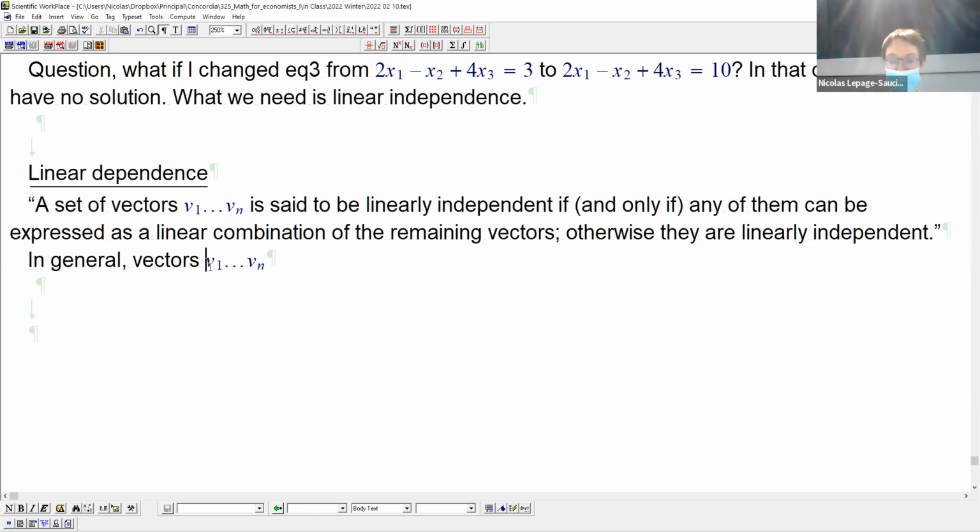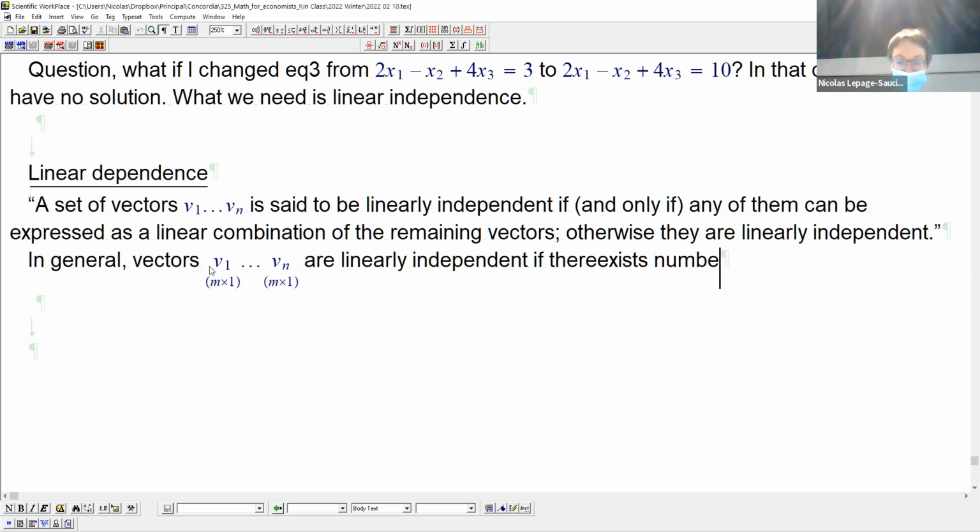I'm just saying these are column vectors, m by 1. Sorry, yeah, it's dependent again.